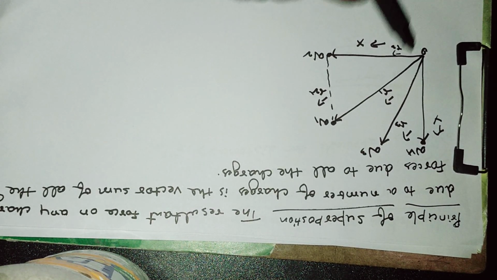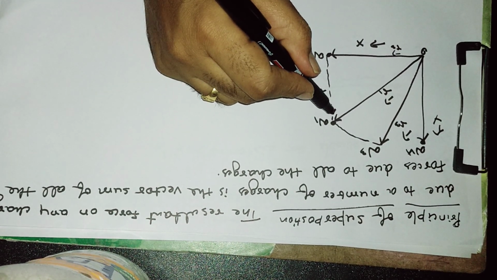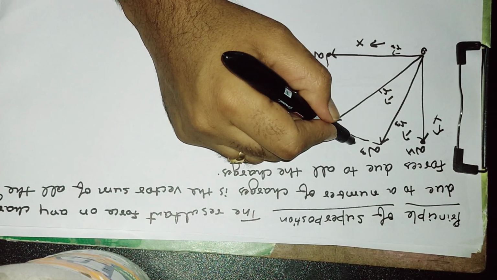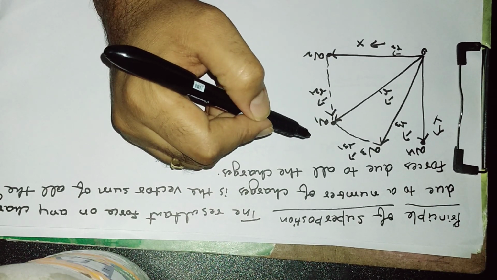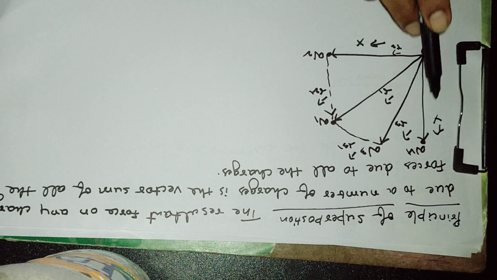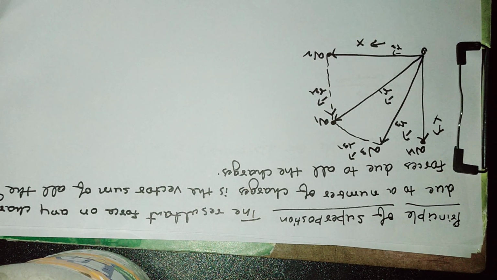Similarly, q1 will be repelled by q3. In fact, r21 is directed in this direction, so this will be r31, is it not? And so on. I have just left over q4, which may be written as r41.